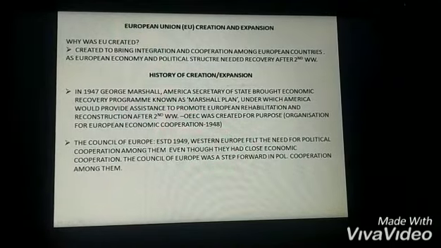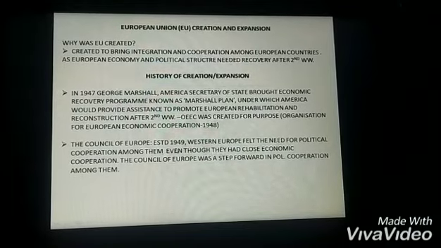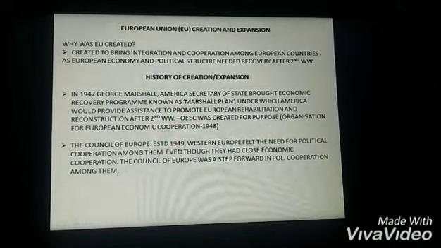Now the second one was the Council of Europe that was established in the subsequent year 1949.